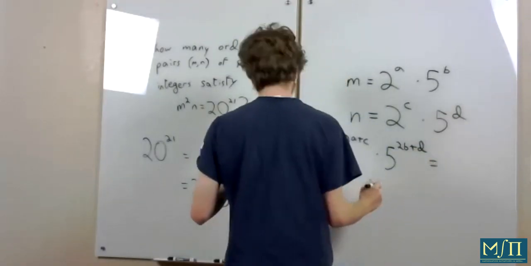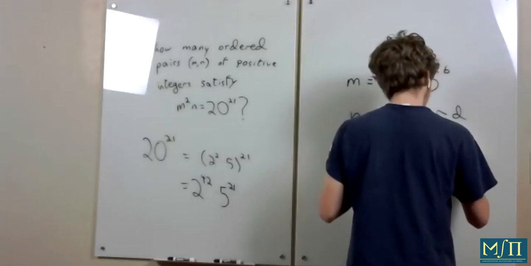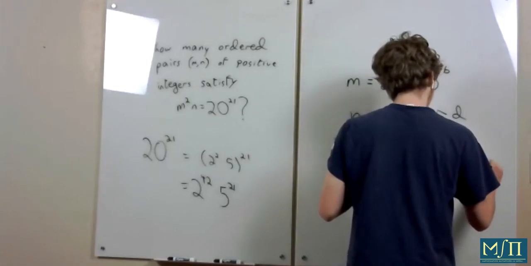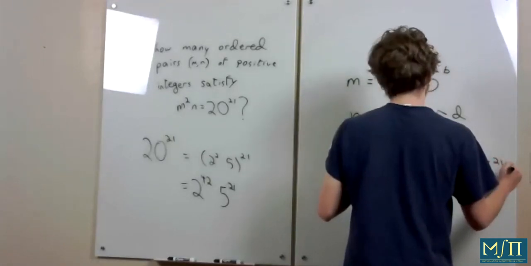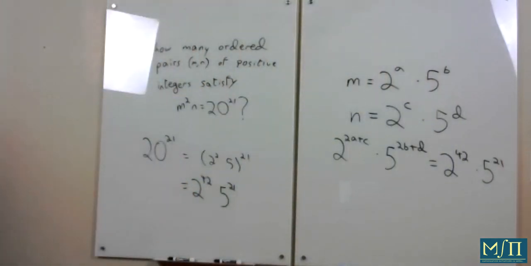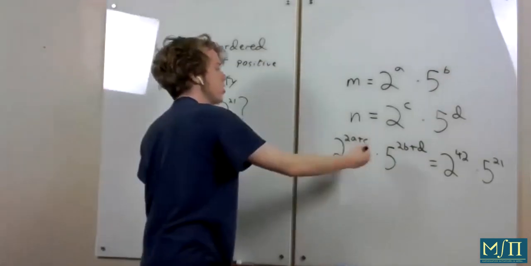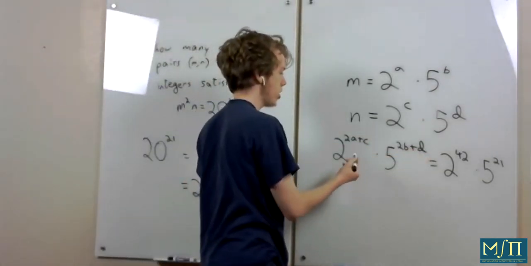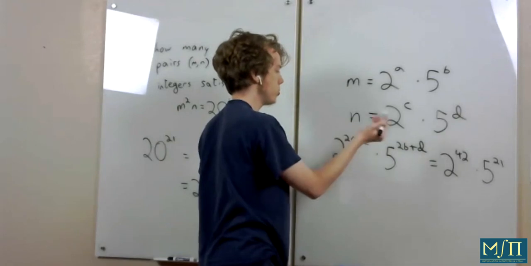For this to happen, we're going to need the exponents of the 2's to match up and the exponents of the 5's to match up, because by the fundamental theorem of arithmetic, the prime factorization is unique. Both would be prime factorizations, possibly dropping some terms with exponent 0.